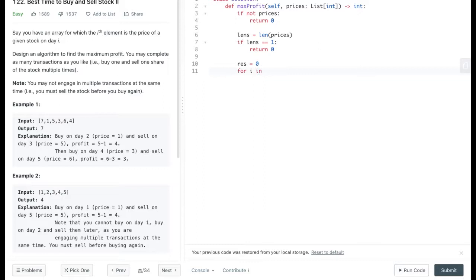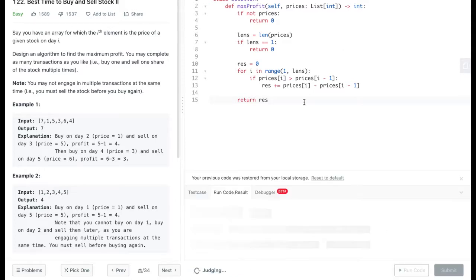For i in range 1 to length of prices, if prices[i] is larger than prices[i-1], then we should add it to our profit: result plus equals prices[i] minus prices[i-1]. Return result.